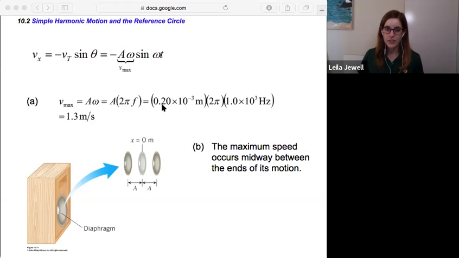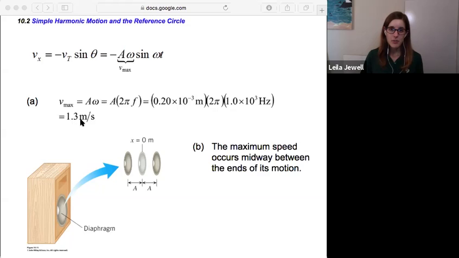We have the amplitude, which has been converted from millimeters into meters with this 10 to the minus 3 for the milli, times 2 times pi times 1 times 10 to the third, kilo prefix being 10 to the third, hertz, and that comes out to 1.3 meters per second. That's pretty quick. So that speaker has to be moving very rapidly.